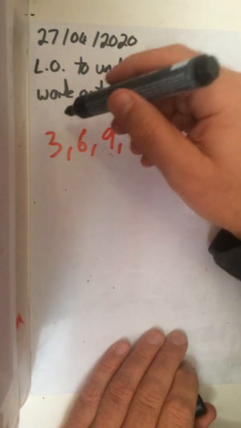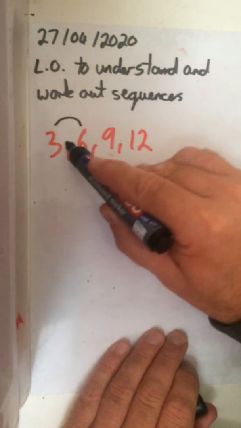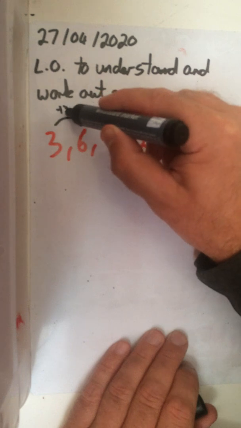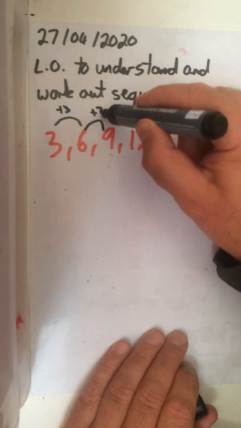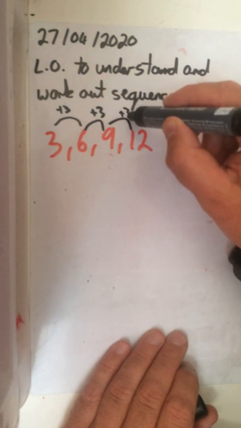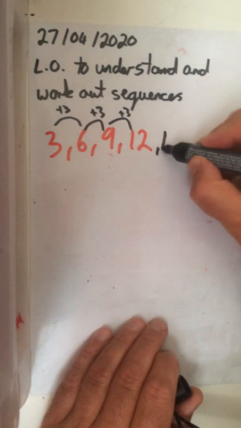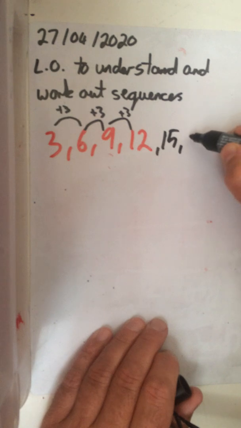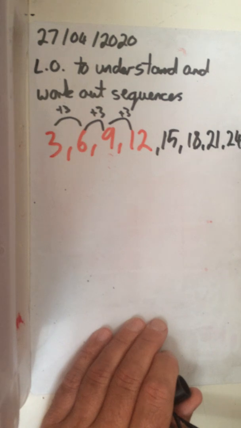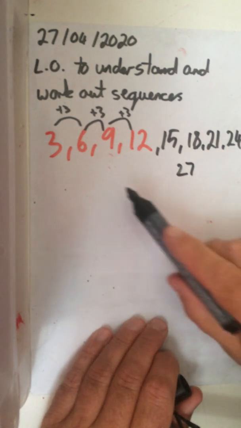So all we have to do is work out how I am getting from one number to another. There I'm adding 3, adding 3, adding 3, and I can very quickly work out the sequence. 12 add 3 is 15, 18, 21, 24, and then add 3 is 27, otherwise we won't have enough space.